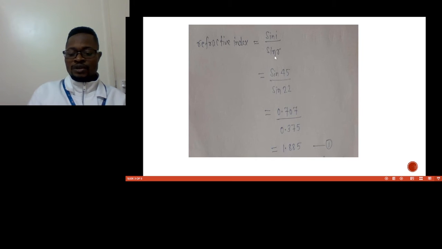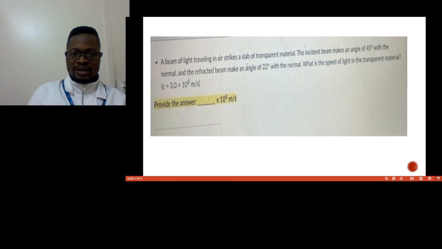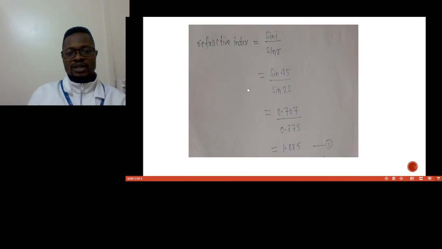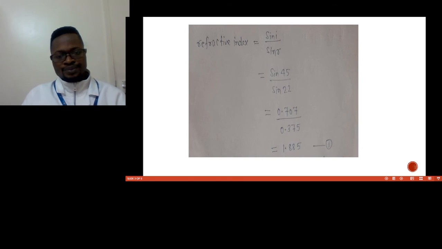If you look at our question, you were given the angle of incidence as 45 degrees and the refracted beam, that is the angle of refraction, is 22 degrees. So we are going to use that in our formula. Just plug it into your calculator.